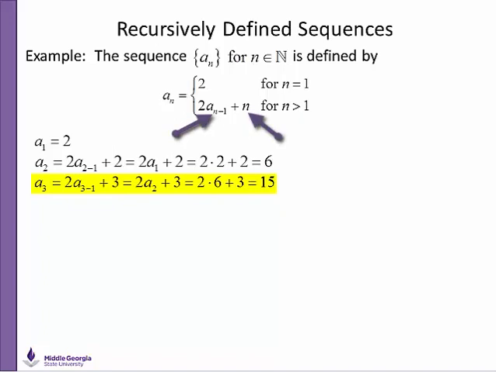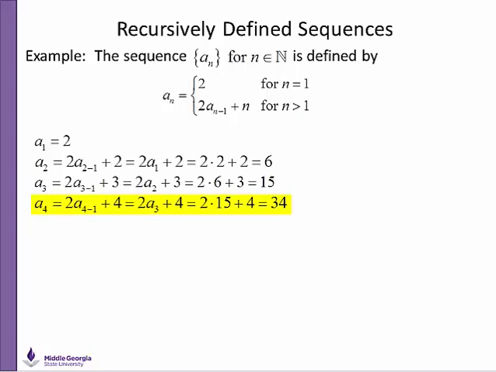So we have 2 times a sub 3 minus 1 plus 3 equals 2 times a sub 2 plus 3 equals 2 times 6, because we've already found a sub 2 to be 6, plus 3 is 12, plus 3 is 15. a sub 4 is 2 times a sub 4 minus 1 plus 4, substituting 4 for both n's, which gives us 2 times a sub 3 plus 4, or 2 times 15 plus 4 is 30 plus 4 is 34.